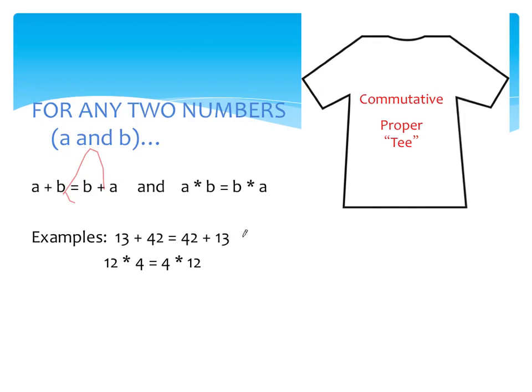We'll get 55 either way. Same thing with multiplication. We can multiply 12 times 4 to get 48, or we can multiply 4 times 12 to get 48. Either way the numbers are arranged, we'll end up with the same answer.